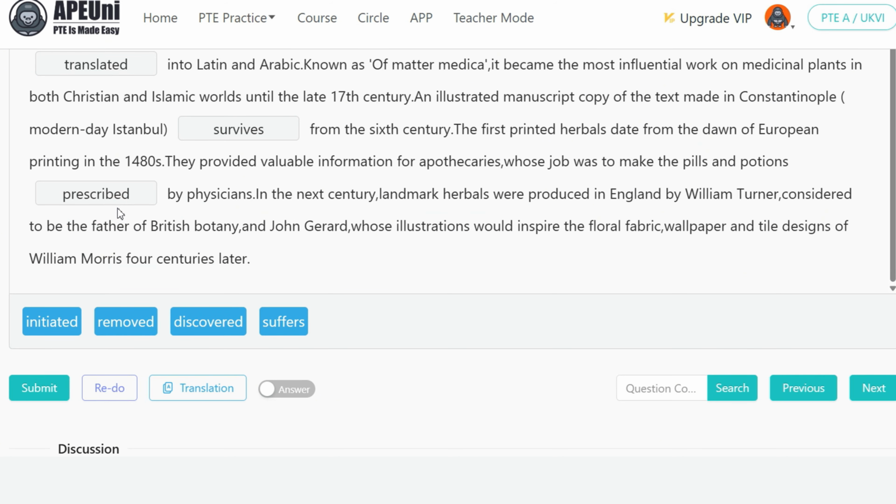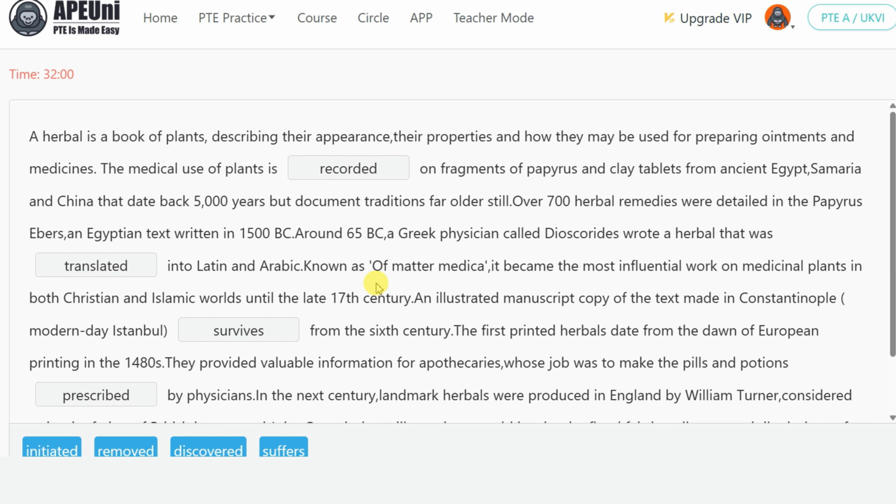Why is prescribed the best choice? Because physicians recommend medications, which apothecaries then prepare, right? Pharmacists. According to the grammar, prescribed is used to describe medicines that doctors recommend. Make sense? For example, the doctor prescribed antibiotics for the infection. Second example, her medication was prescribed by a specialist. Alright, so we completed this paragraph with the right options selected: recorded, translated, survives, prescribed.